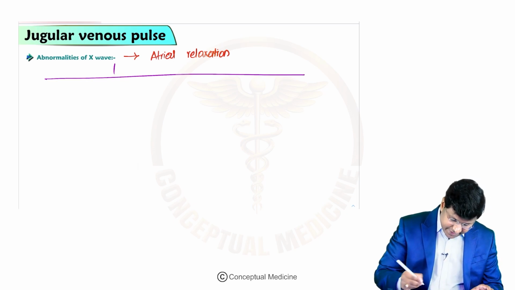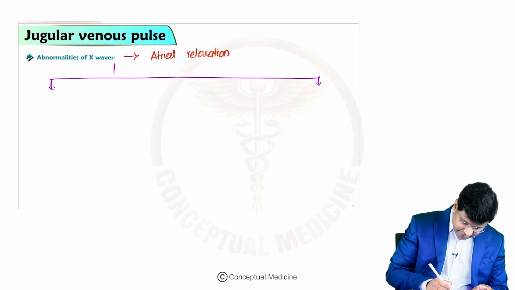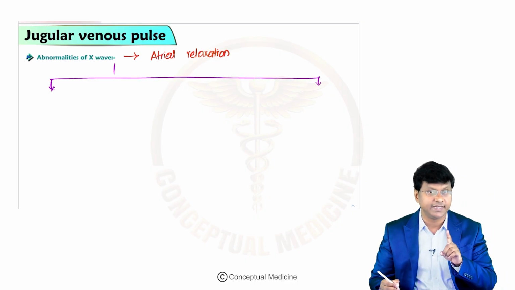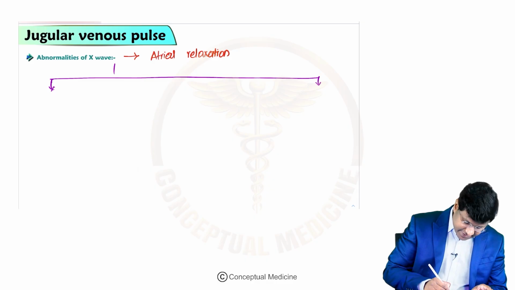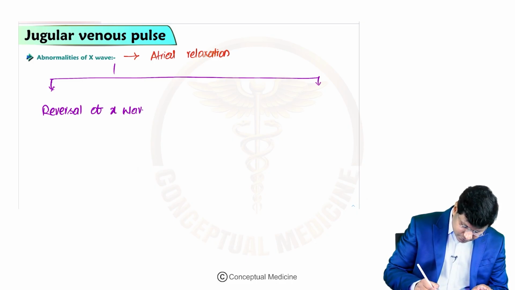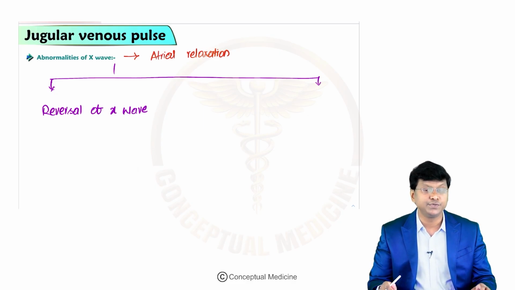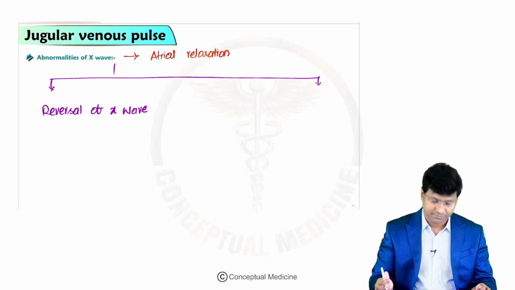So the abnormalities of the X wave. Number one, reversal of the X wave, where the X wave is being reversed.